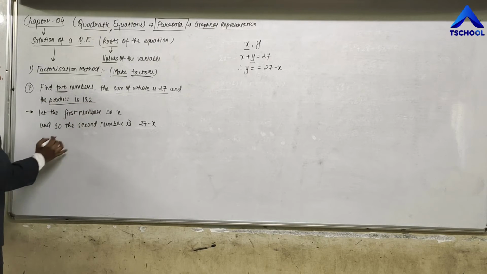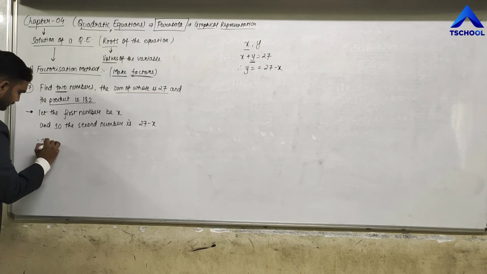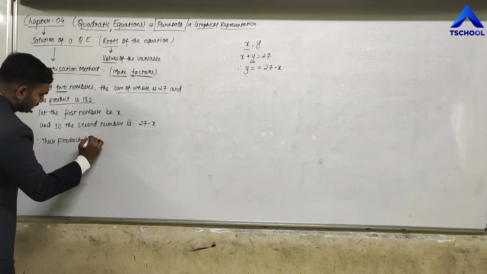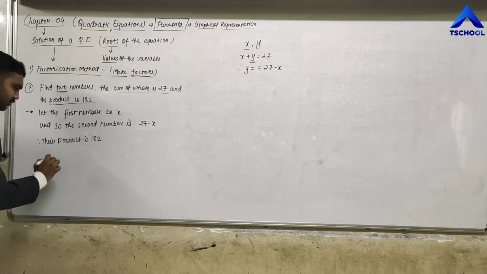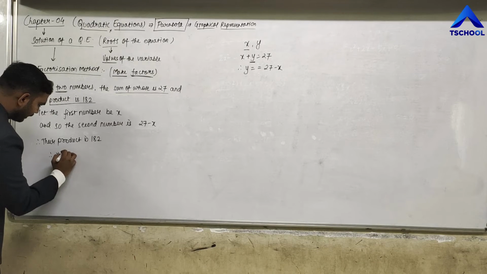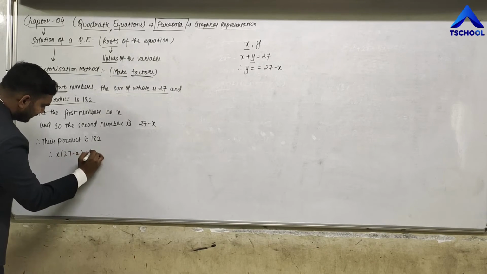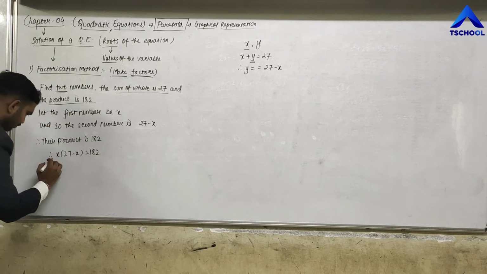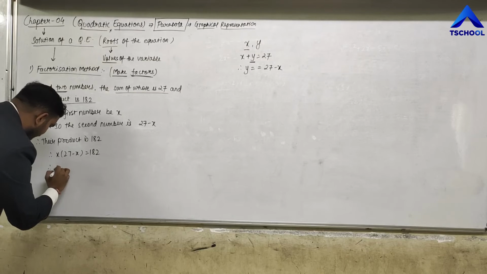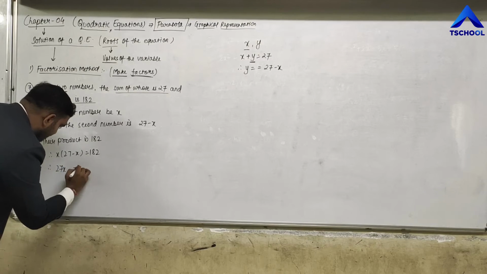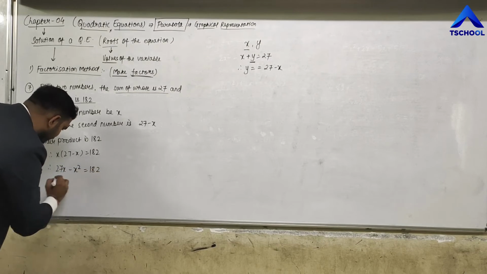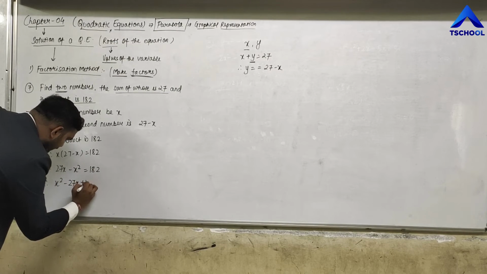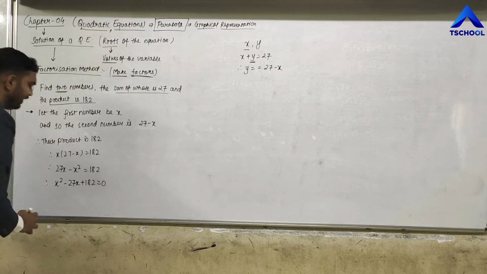Now coming to the condition that their product is 182, therefore x into 27 minus x is 182, therefore 27x minus x square is equal to 182, therefore x square minus 27x plus 182 equal to 0.